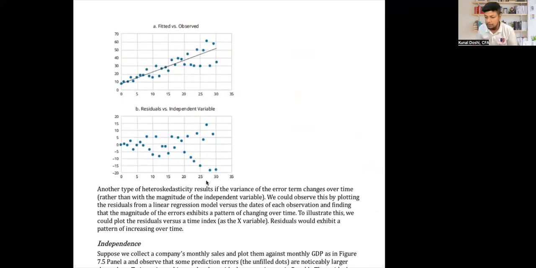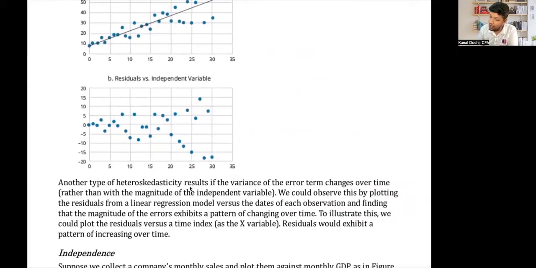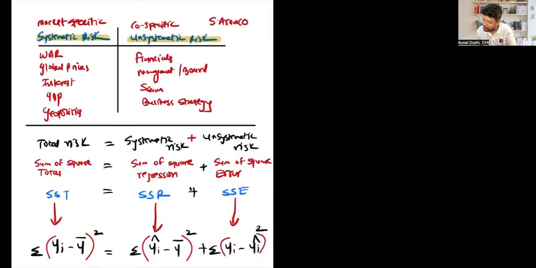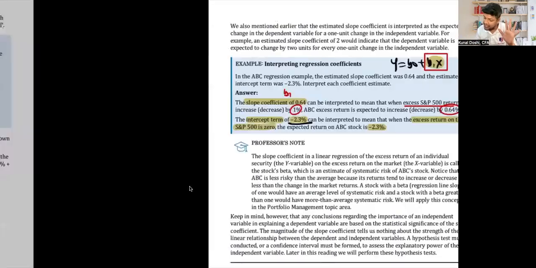Guys, if you look at both the diagrams on the screen, you will notice that they are not constant over the period. Here you will notice these variances over the period are increasing. With time they are increasing. If they are not constant, they will violate the assumptions of linear regression. So they should be constant. Otherwise, they exhibit a pattern. Just remember that the variance should be constant.